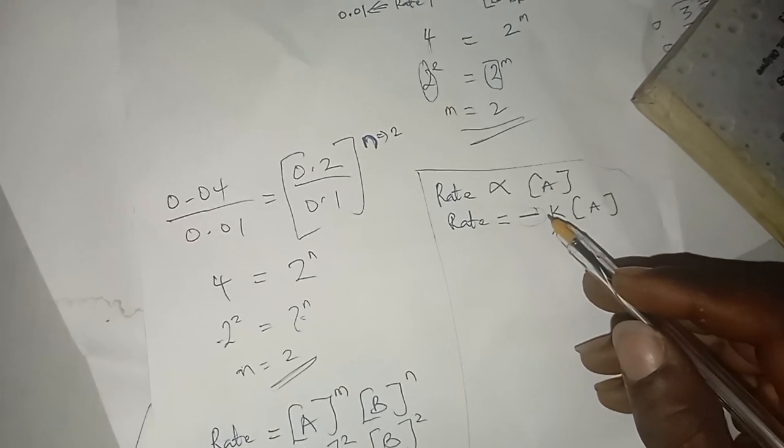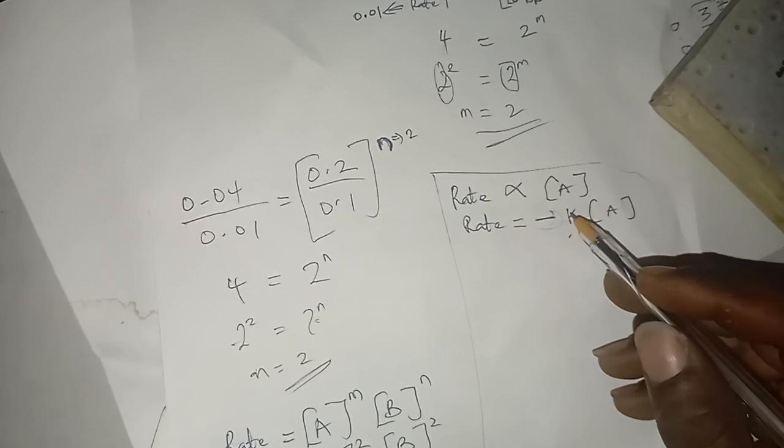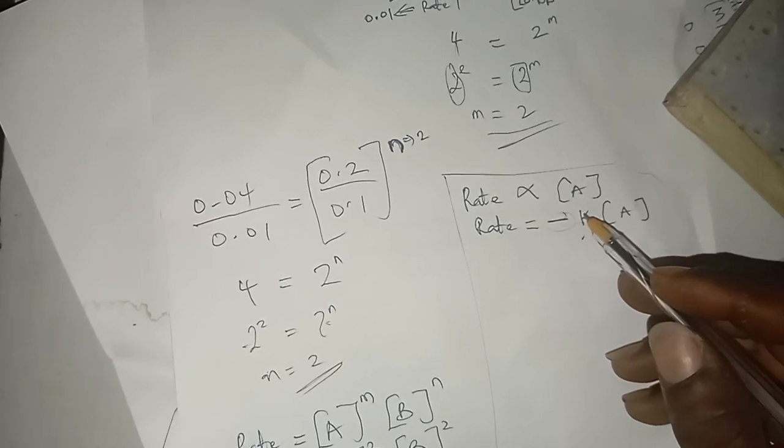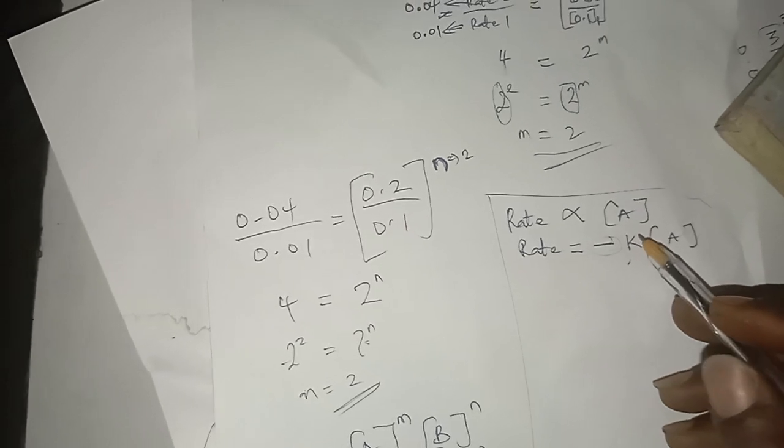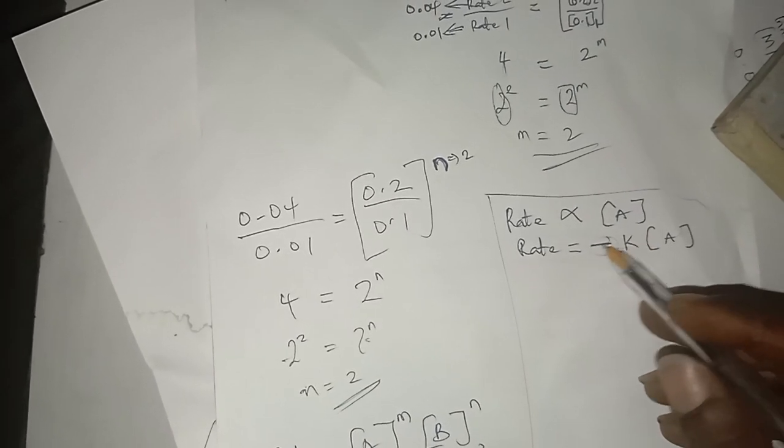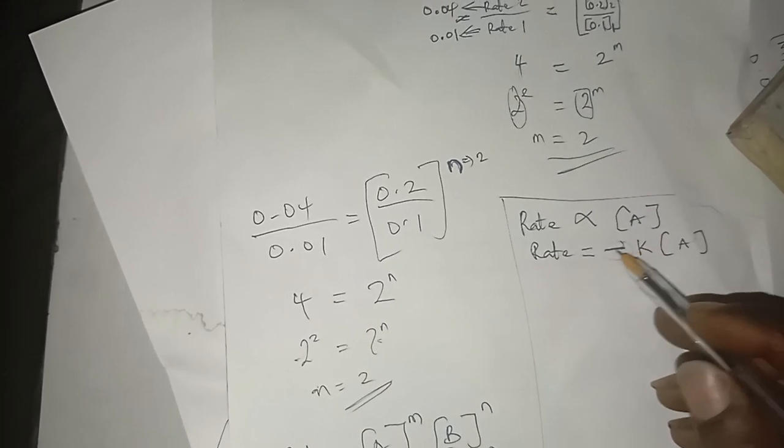You know that what rate of reaction means is the disappearance, or the speed, or how fast a reactant forms a product. So the reactant will be decreasing, and that's why the rate shows minus.